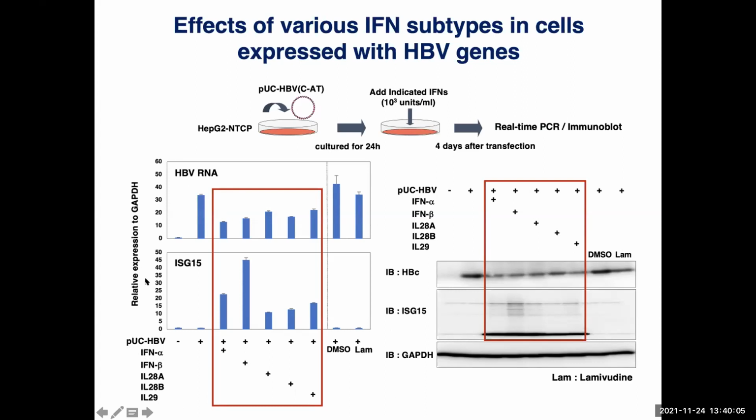We put the interferons onto Huh7-NTCP cells carrying the pUC-HBV plasmid, and this plasmid produces HBV virus, and we took a look at whether these cytokines inhibit the replication. But as you can see here, the type 1 and type 3 interferons have partial effects on HBV replication.